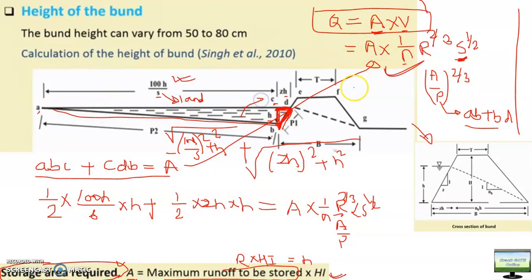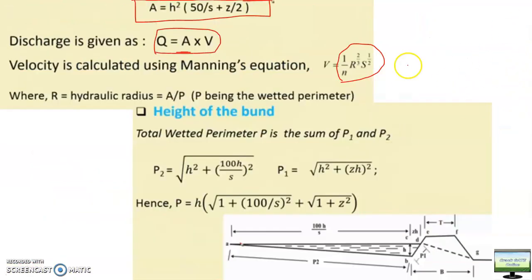You need to discharge this amount of water. Okay, so you calculated the area and you have calculated the wetted perimeter. So here A by P, the discharge is unknown, the area you calculated from here, and the velocity you are using Manning's equation. So R is what?